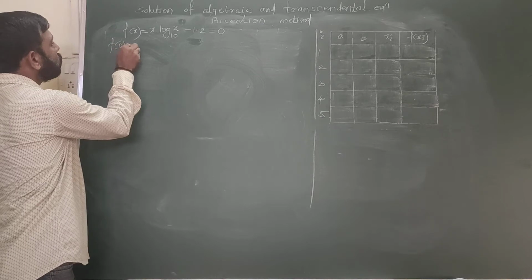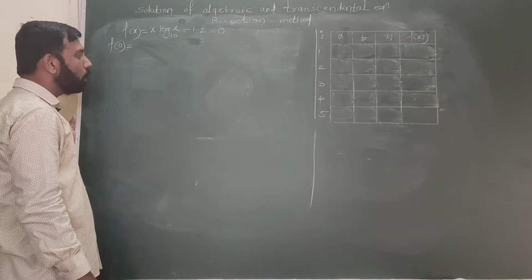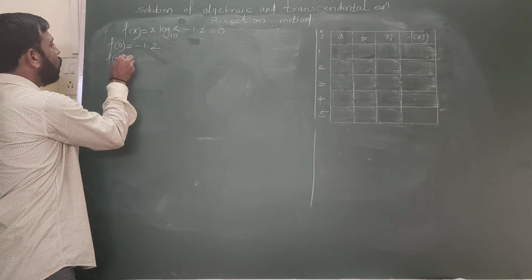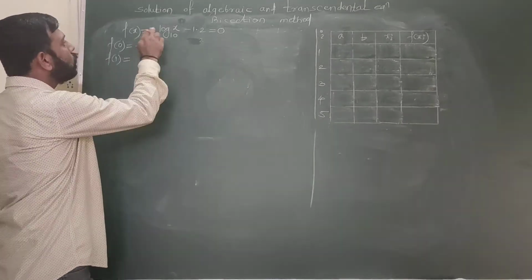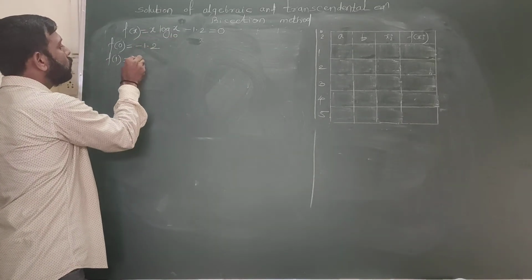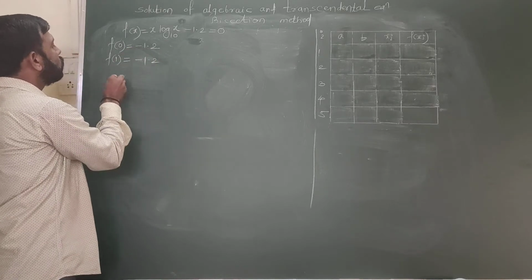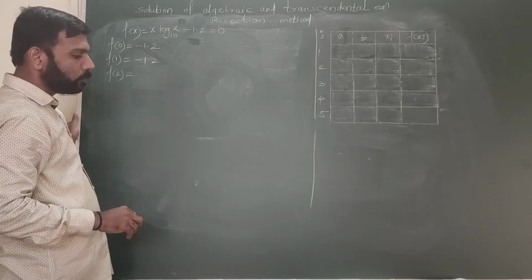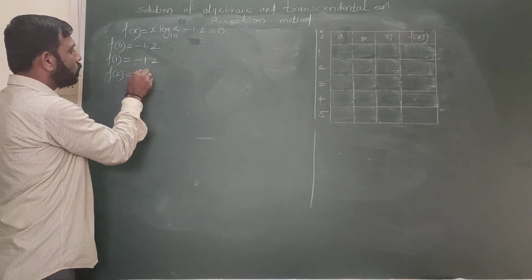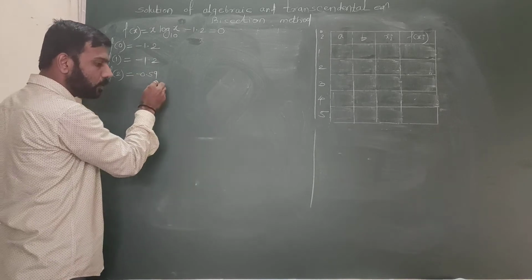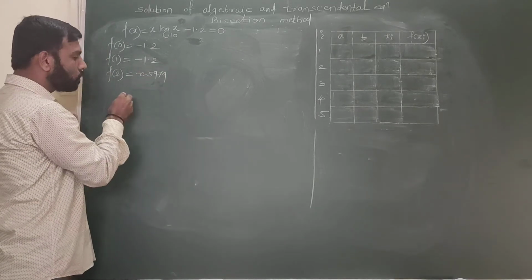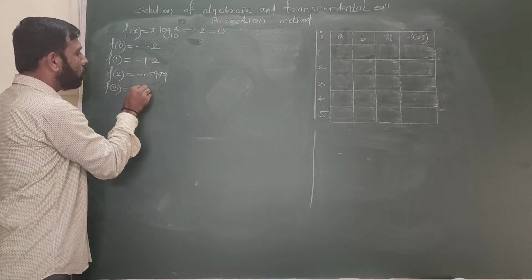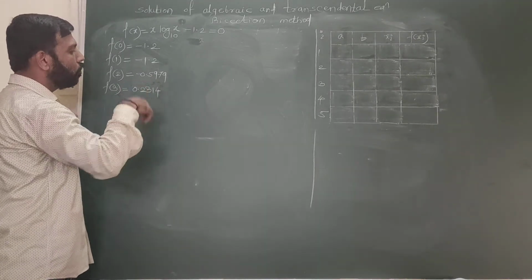Substitute, starting with f of 0, x is 0, so the value is minus 1.2. f of 1, log of 1 is 0, so the value is minus 1.2. f of 2 is minus 0.5979. f of 3 is 0.2314.